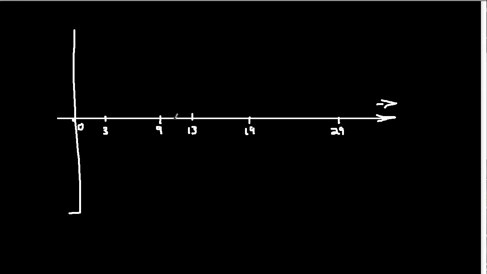So 13 moves from here all the way down to here. So we subtract 10 from whatever the number is when it appears in here. So 13 minus 10 is 3.